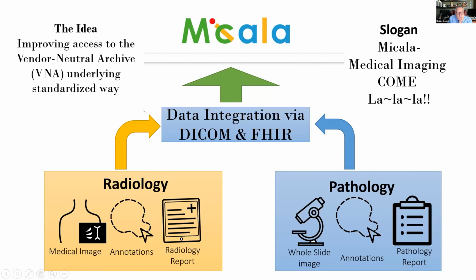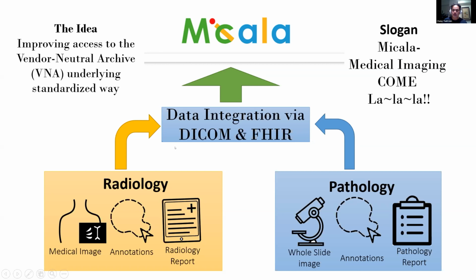So our team's basic idea is we want to improve the access to the VNA using the underlying standard ways. So we are trying to integrate the two departments: one is radiology, and the second is pathology. We want to integrate some common data. In radiology, it's medical imaging encoded as DICOM, its annotations, and the radiology report.